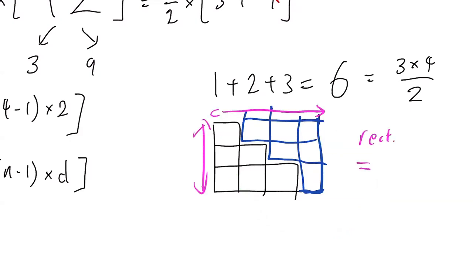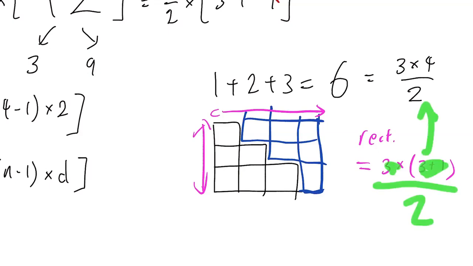So how many pieces of chocolate are there in this chocolate bar? 3 times 4, which is 3 plus 1. Then how do you get one such half of this chocolate bar only? Just divide by 2. So your answer will be 3 times 3 plus 1 divided by 2, which is what we have over here. That's the intuitive way to remember the formula.